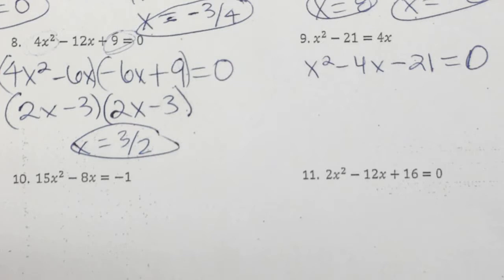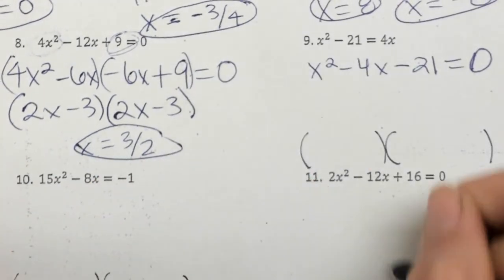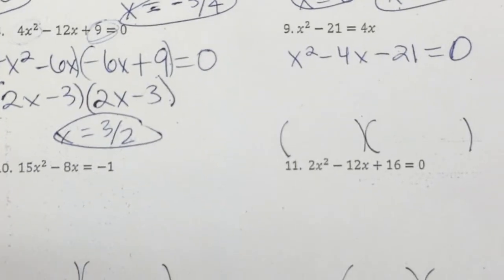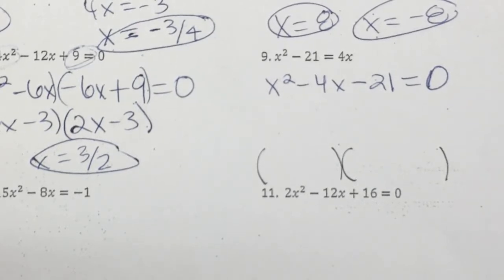Alright, start comparing them. Compare your answers. Alright, if somebody can tell me how to correctly factor, just the factor part and then the solutions of all three, you can get a piece of candy.